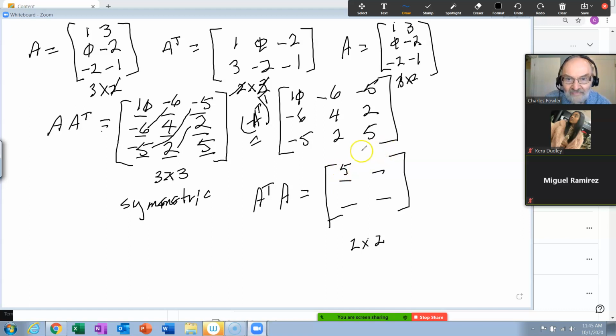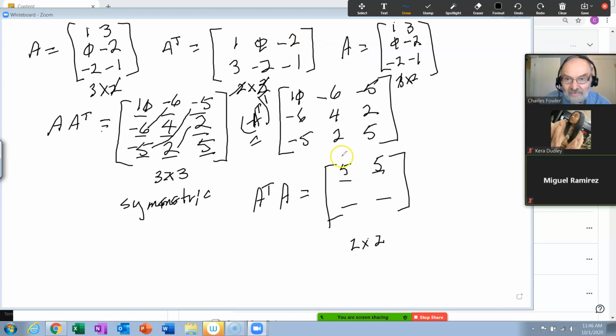The 1, 2 entry here would be first row here times second column here, and that would be a 3 plus 0 plus 2. 3 plus 2 is 5.